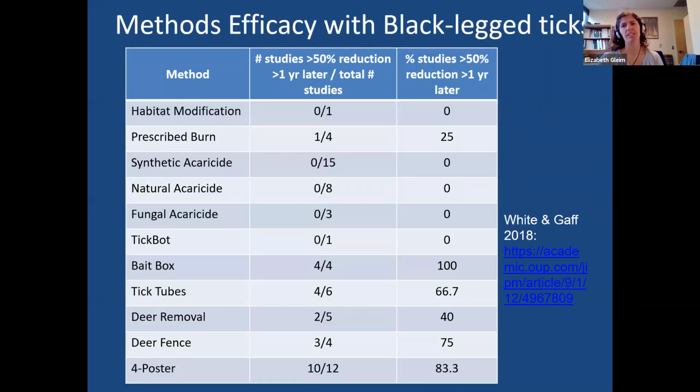There was a really great review that came out back in 2018 by White and Gaff that evaluated all of these different tick control studies to see what their efficacy was.